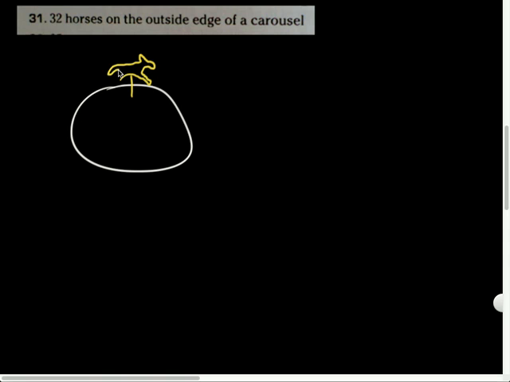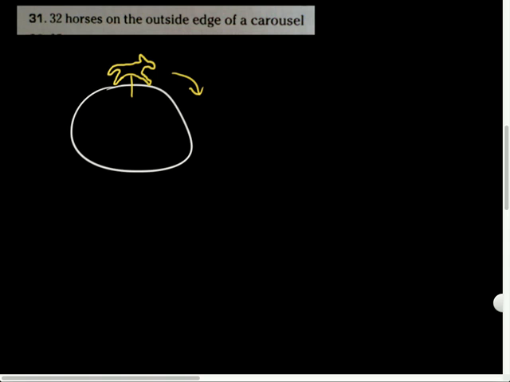Let's see. Problem 31, same directions. 32 horses on the outside edge of a carousel. Okay, so carousel situation. I've got little horses, here's their feet and there's the head, little ear, and the tail and their back feet, right? And they go around the carousel in one direction.